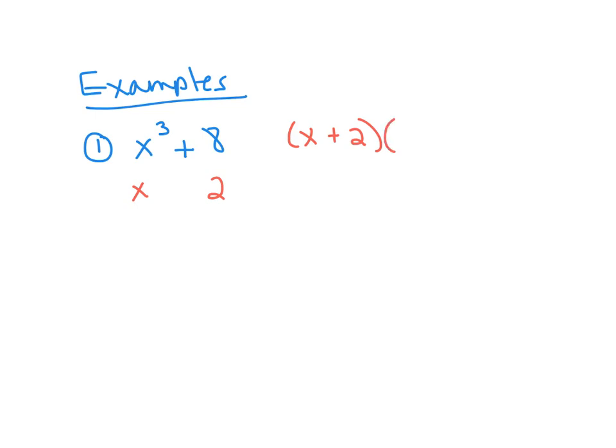Now, if you look back at the shortcut, it is x squared, so the first term squared, x squared, opposite sign, and then you multiply the 2, so 2x, always positive, and then you square it, so it'll be 2 squared.